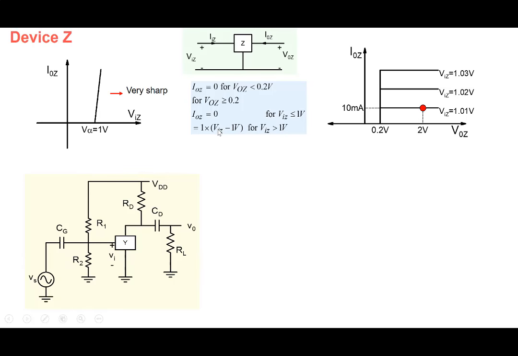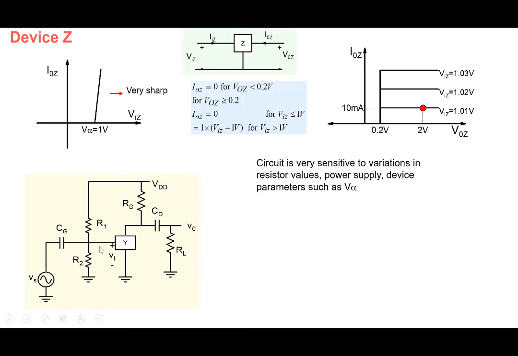So note that if you go to VIZ equal to 1.1, then the current flowing will be equal to 0.1 into 1, which is 100 milliamperes. So very large current. The moment you go a little bit above V alpha, you get very, very large currents to flow here. Okay.